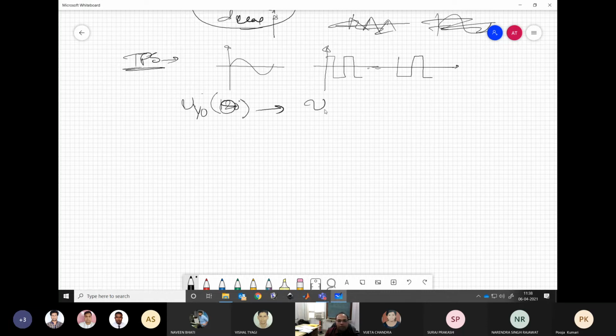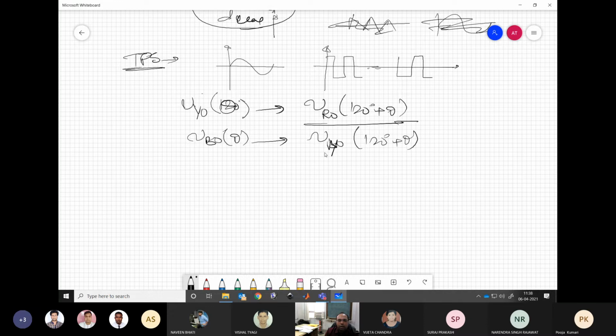at theta must be the same as VRO at 120 degrees plus theta, or VBO at theta must be the same as VYO at 120 degrees plus theta. This means we are simply shifting whatever PWM we had for VRO by 120 degrees. So we have a translational symmetry: just shifting it by 120 degrees and we get the next PWM.